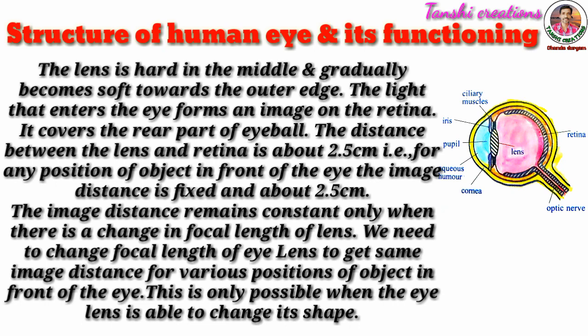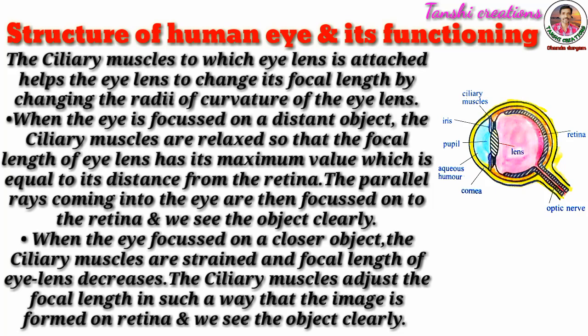Let us know which component helps to change the focal length of the eye lens. The ciliary muscles to which the eye lens is attached help the eye lens to change its focal length by changing the radius of curvature of the eye lens.